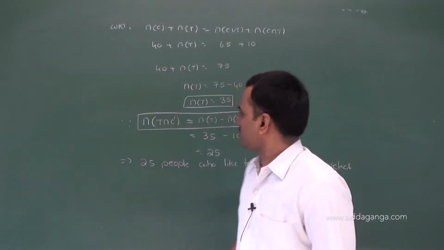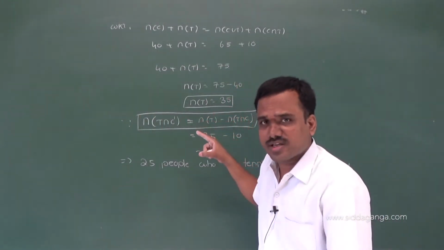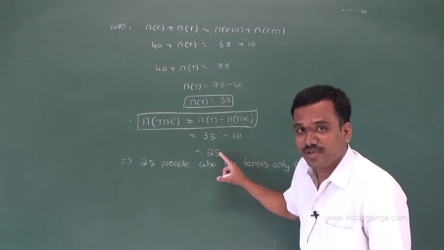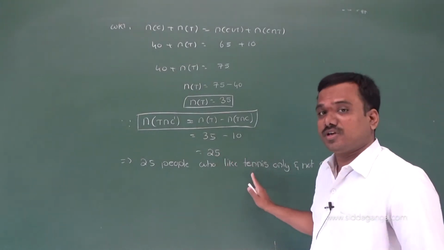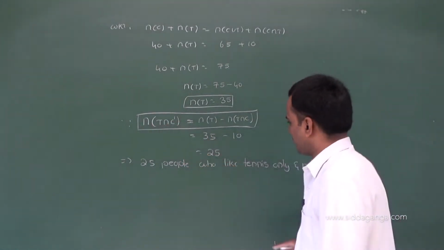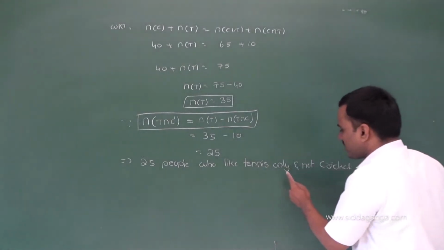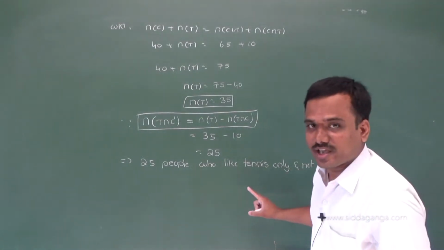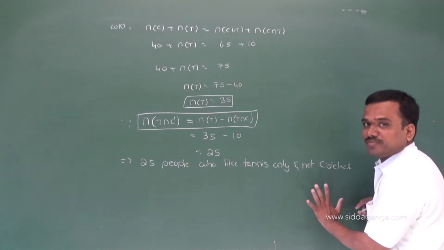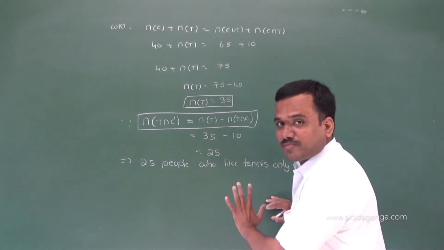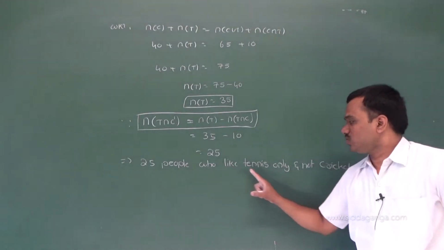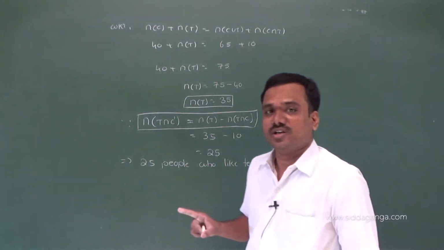The 35 includes those who like tennis only as well as both tennis and cricket. 25 people who like tennis only, that's why I write n of T intersection C dash. 25 people who like tennis only and not cricket. See the problem, very important problem. See once again, the 25 people who like tennis only and not cricket.